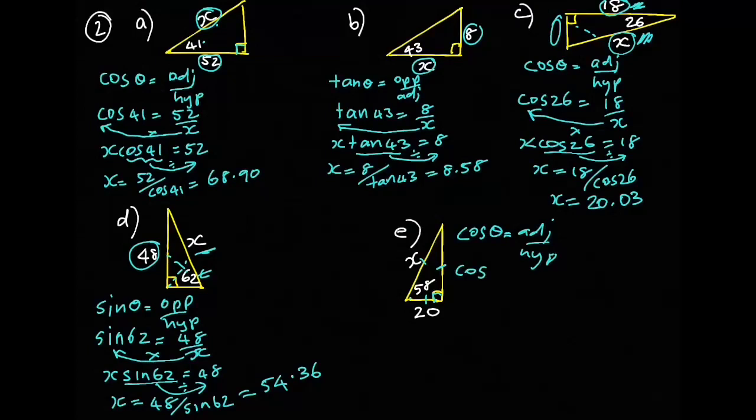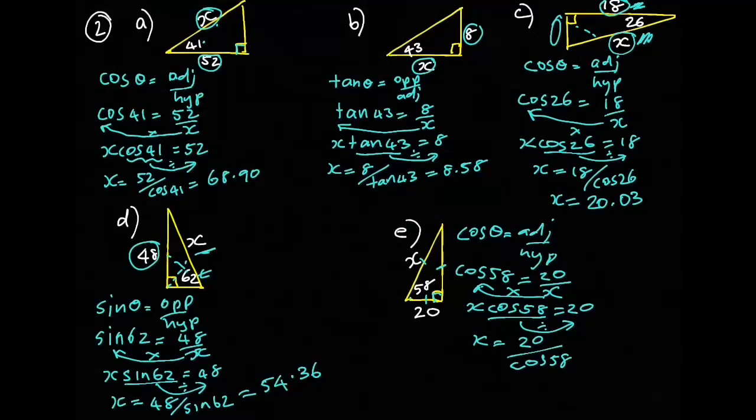So cos 58 is equal to 20 on x. Bring the x over to multiply. x cos 58 equals 20. Bring the cos 58 over to divide. x equals 20 on cos 58, which gives x equals 37.74 to 2 decimal places.